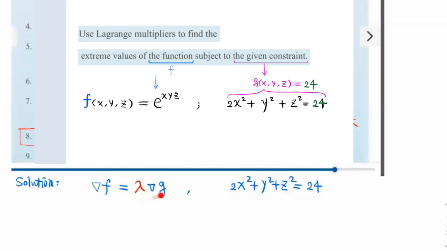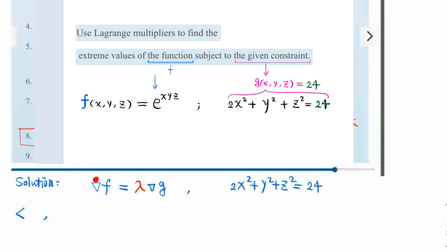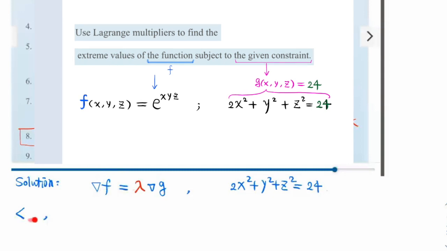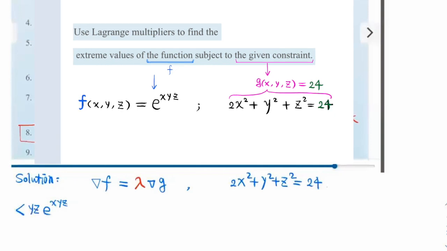So that's the idea. This equation actually breaks down into 3 equations because it has 3 components, x, y, z. So what's the gradient of f? The first component is the partial derivative of f with respect to x. Take the derivative with respect to x: e to the xyz, and then multiply by yz.